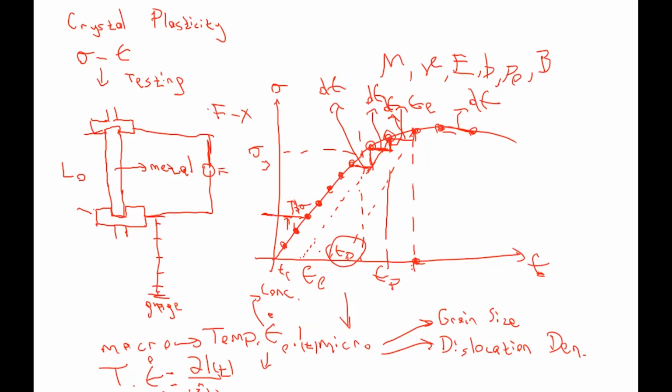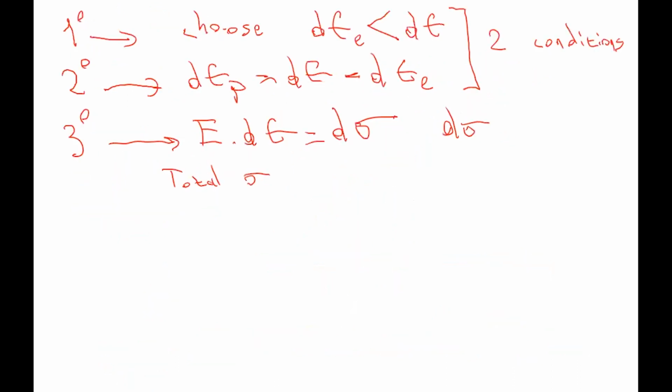So the total stress at the time of t is nothing but the stress at the previous step, t minus 1, plus the increment, d sigma.